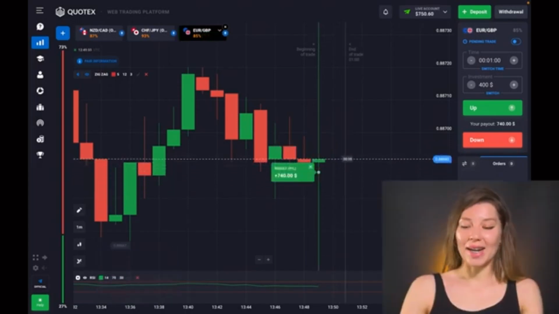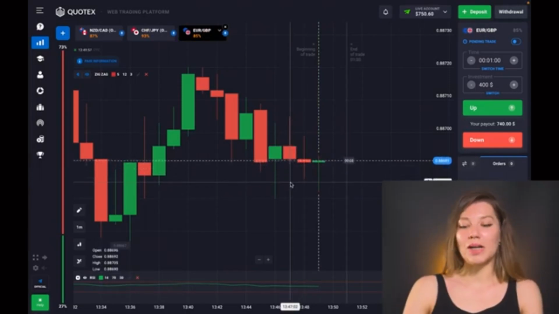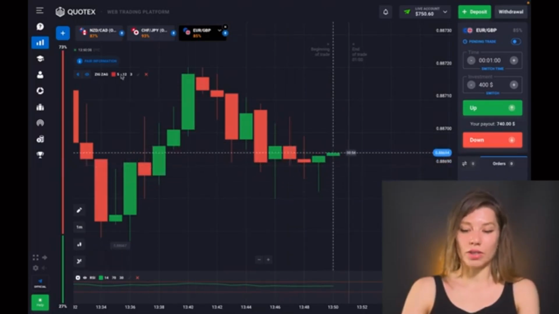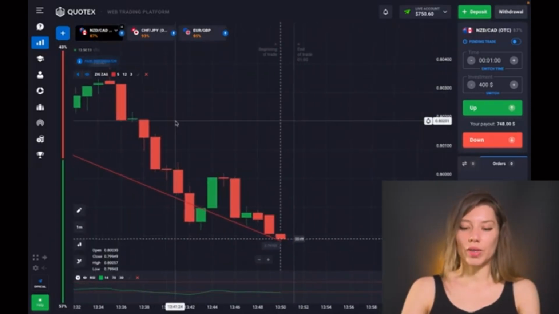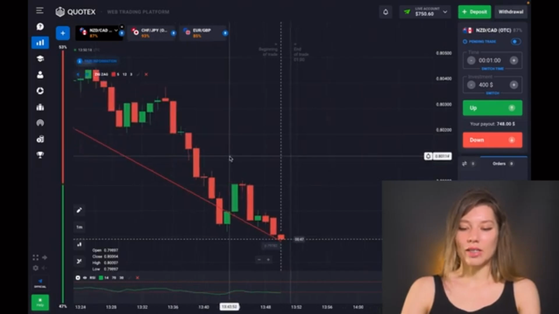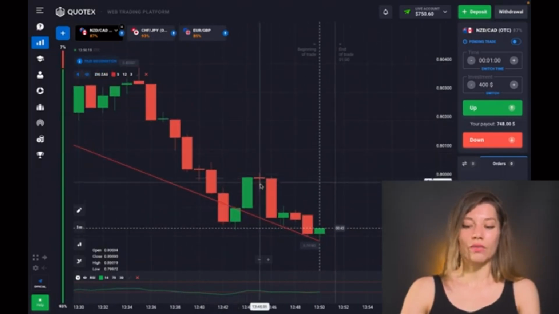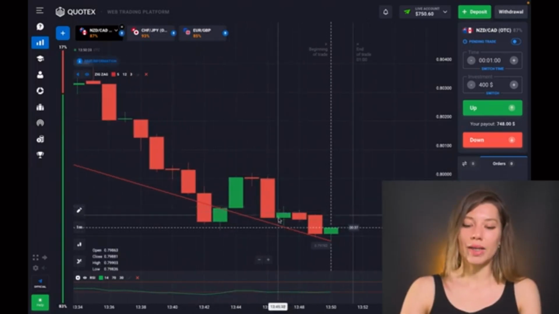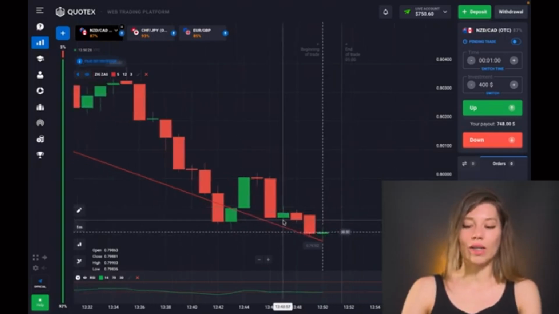So here we have a big sum of money in our account, but I propose we talk about the wicks, friends, and let's go to the first currency pair. Let's chat about the wicks. Here is an interesting situation concerning the wicks, because we see at the end of the graph the wicks of the candles are not so long, and we can pick any duration for candles, as we learned.